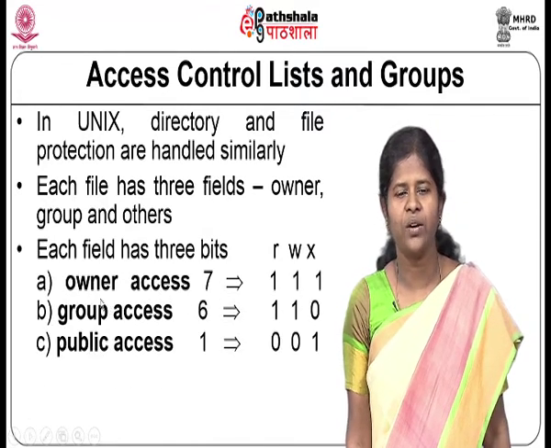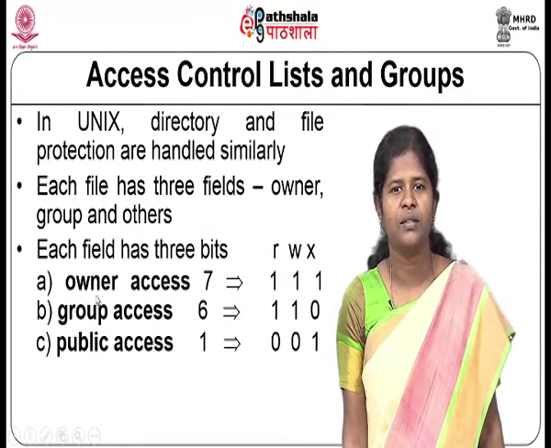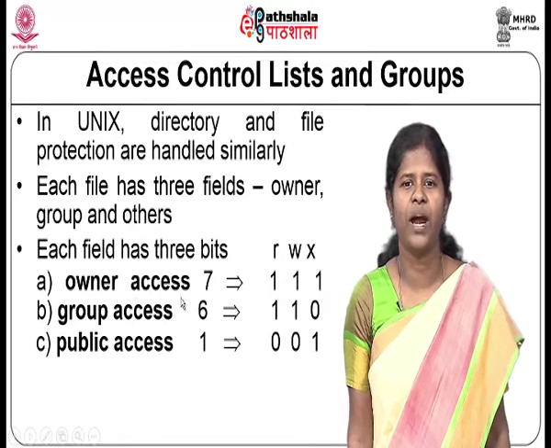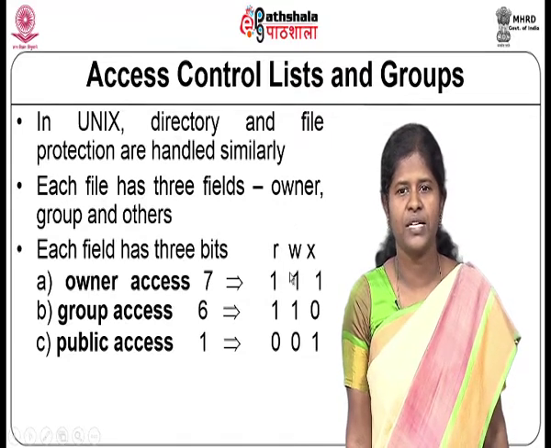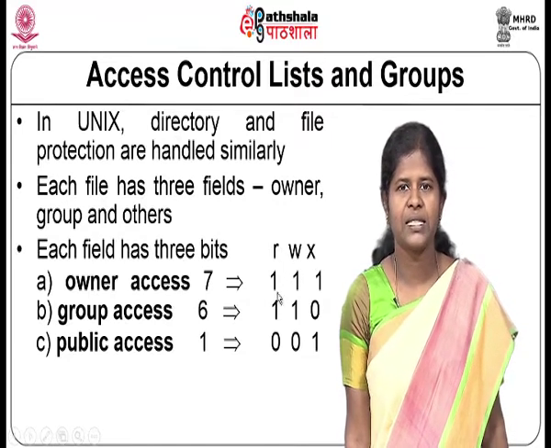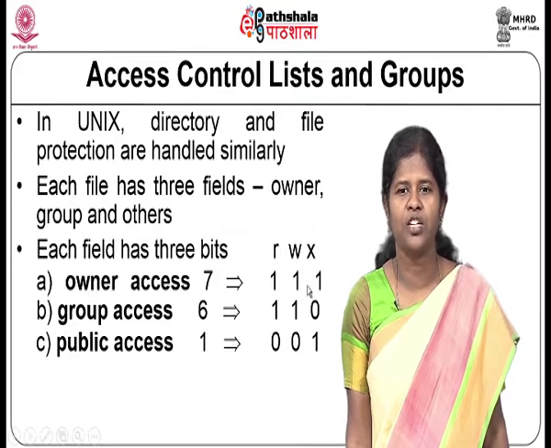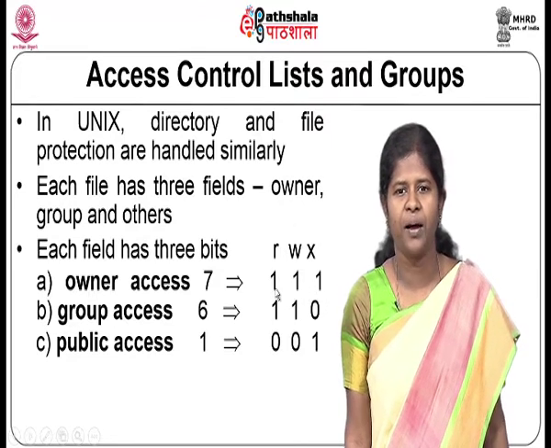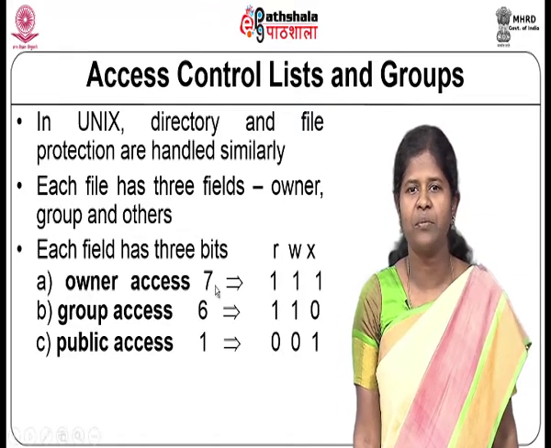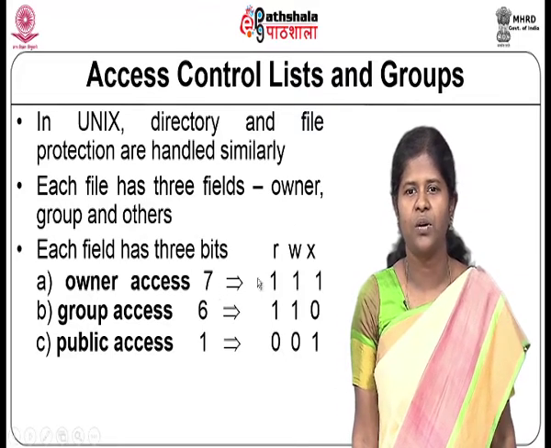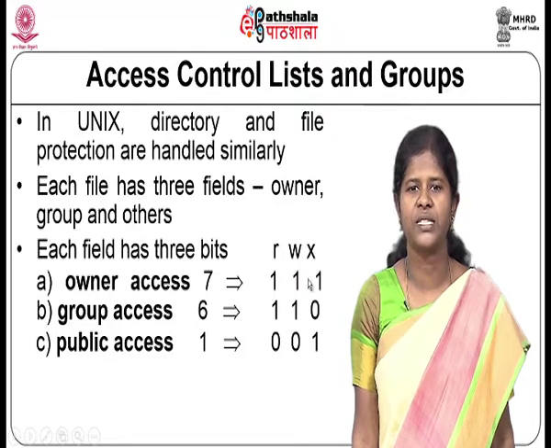So, look at this: if the owner is provided all three permissions, say read, write and execute permissions are given for the owner, then there is a bit 1 corresponding to each of these accesses, and hence you get an octal number of 7. So, 111 which is 7.